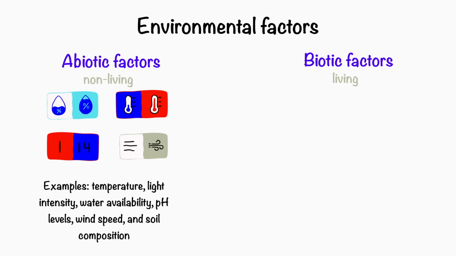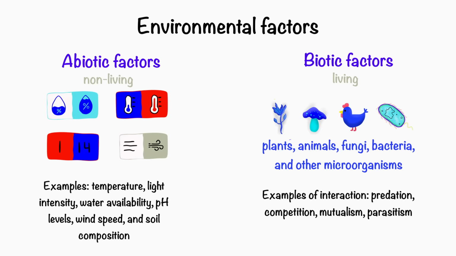Environmental factors are classified as either abiotic or biotic, a distinction that helps scientists understand different influences on organisms. Abiotic factors include non living components such as temperature, light intensity, water availability, and many more factors.